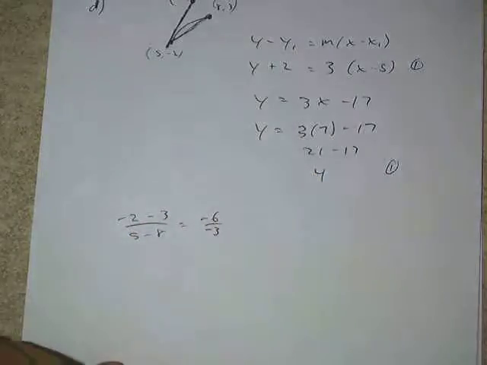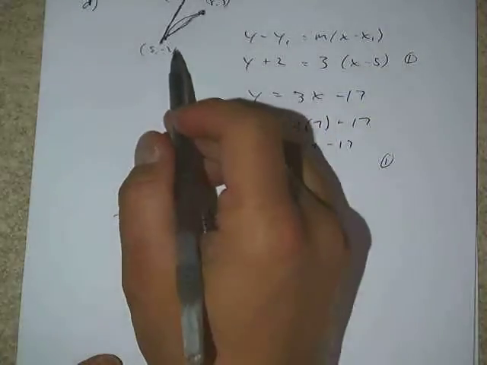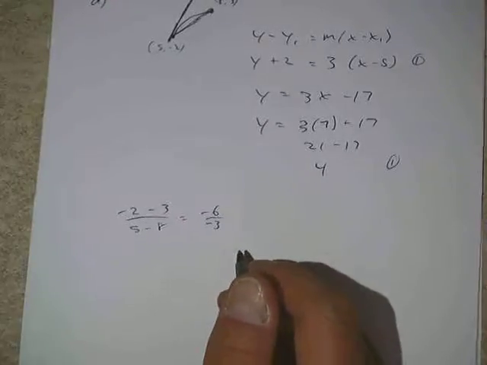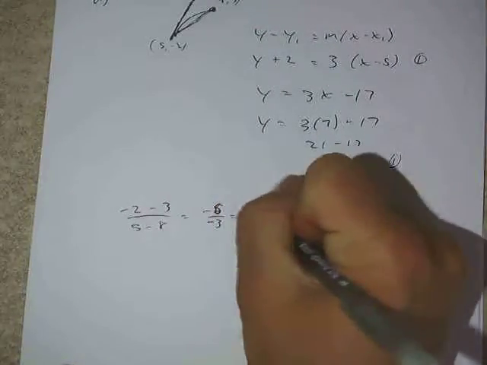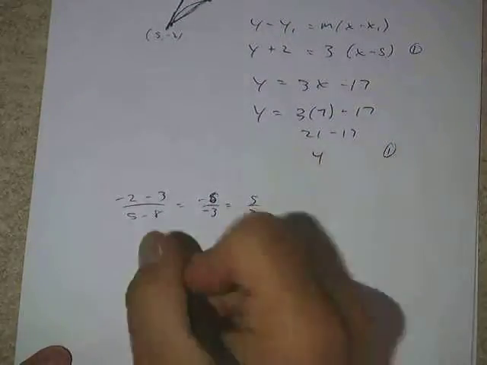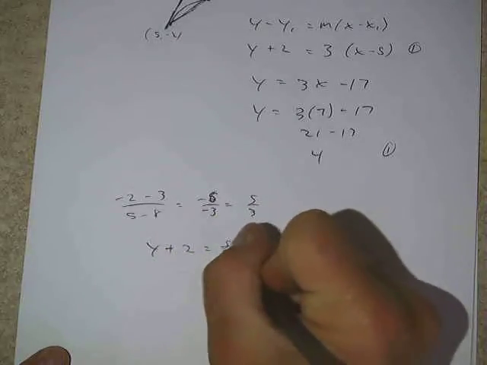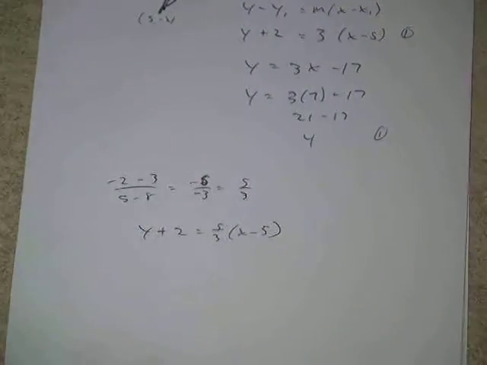All right, and then the second part says to use the secant line of the graph on 5 to 8. And the secant line on 5 to 8, remember, is the line that connects 5 and 8. Secant line is just the line that connects 2 points on a curve. So if we take those 2 points and calculate the slope, negative 2 minus 3, over 5 minus 8, we get negative 6 on top and negative 3 on the bottom.